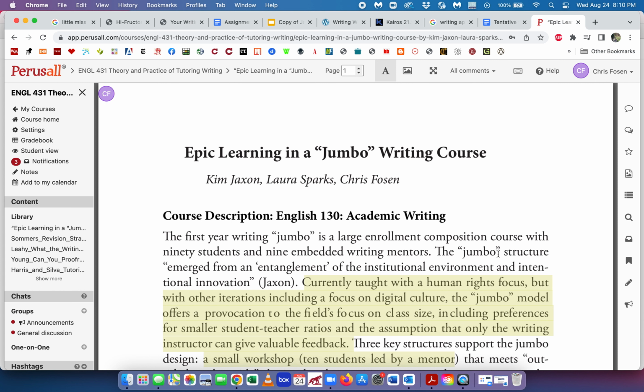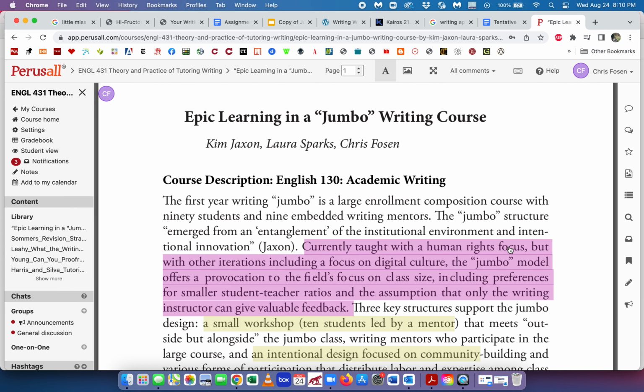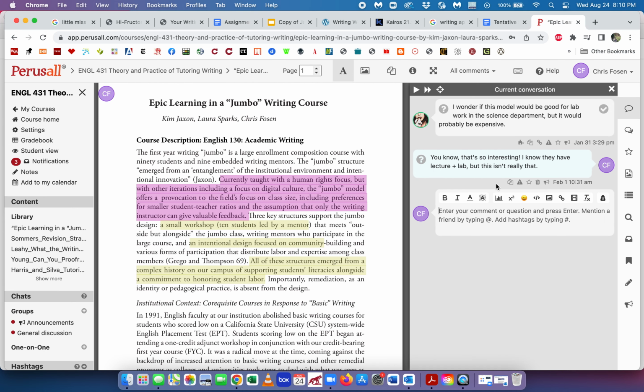These could be the hot spots of the reading. They could be the things that stand out to you for one reason or another, either because you agree with them, you disagree with them, you find them confusing, you have a story to tell, you link it to something that we read earlier or talked about in class, any of those kinds of things. All of those would count as what we'd call conversation.